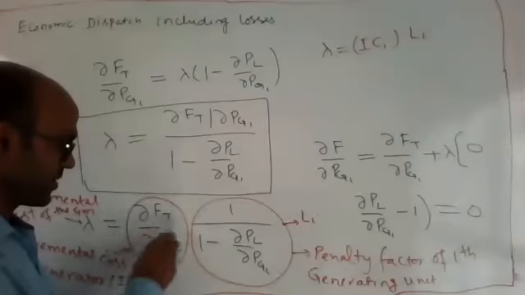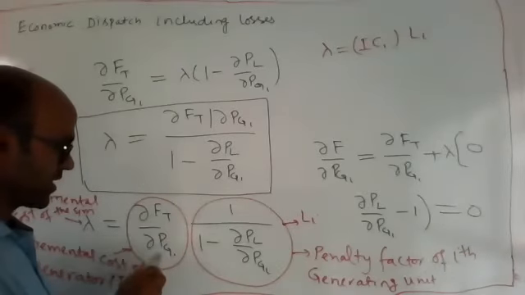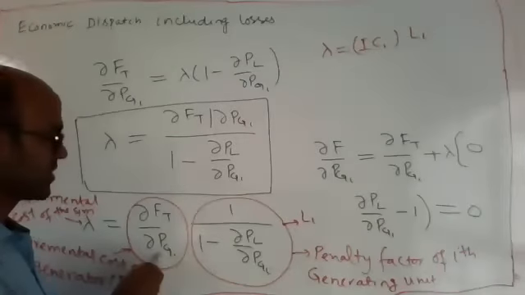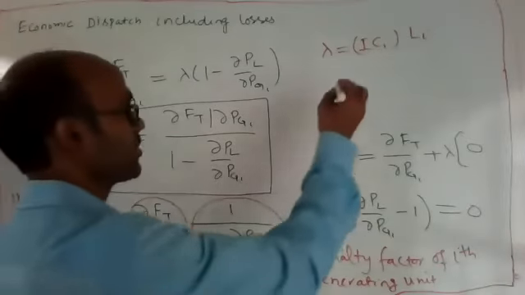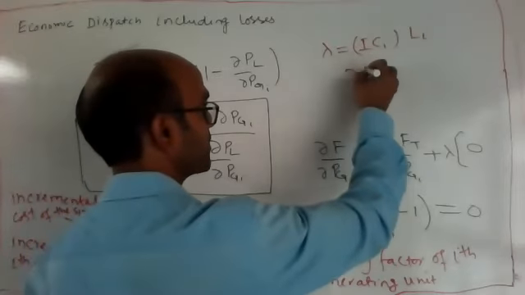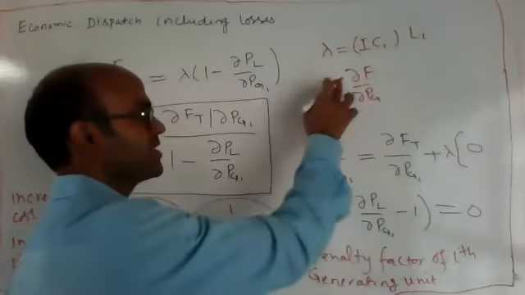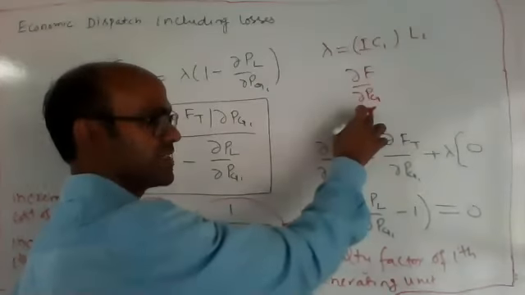Means if you are increasing generating power, you can see from here del F over del PG is nothing but change in cost with respect to change in generation.